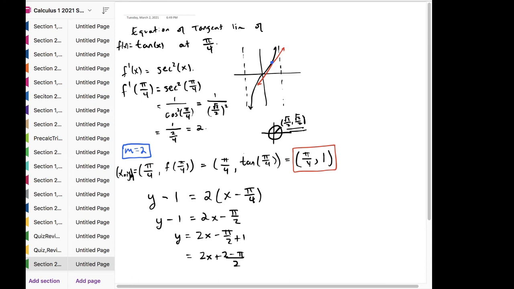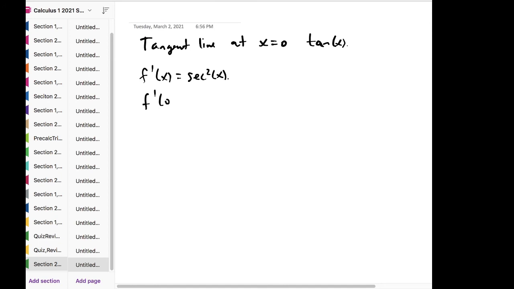And let's do tangent at 0, because something happens at 0 for tangent. Okay. So f prime is secant squared. Okay, what is f prime of 0? What is secant squared of 0?